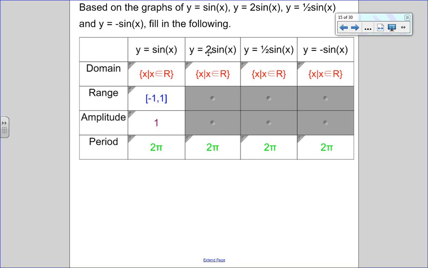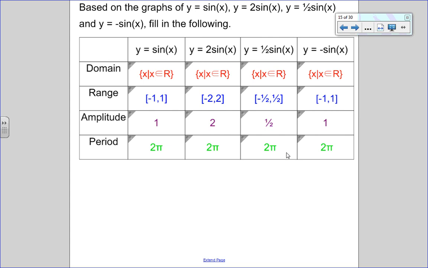My red graph, 2 sine x, went from -2 to +2, and the amplitude from midline to max was 2. So it looks like this is behaving exactly like a cosine graph. The half went from -1/2 to +1/2, so the amplitude is a half. And negative sine x was the same as sine x, it was just reflected in the x-axis.